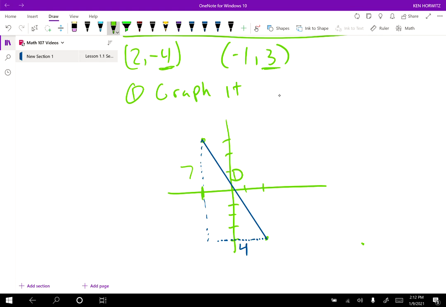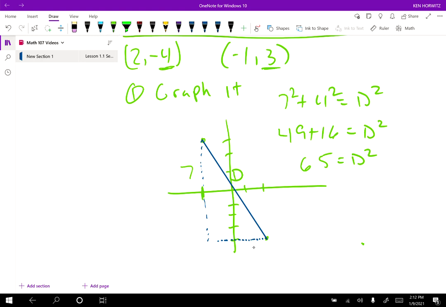Let's do the Pythagorean theorem. So I have 7 squared plus 4 squared equals D squared. That's 49 plus 16 equals D squared. Oops. How's that? Wait a second. That's 3 units.